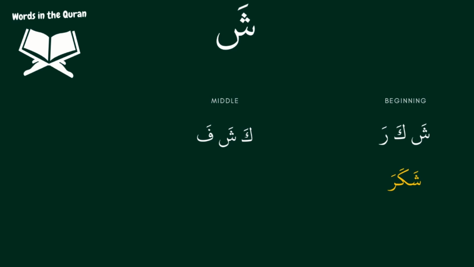Kashafa. Shin in the middle looks like that. At the end, Nabasha. So as you can see, Sin and Shin look similar when joined, except that Shin has 3 dots on top, whereas Sin doesn't have any dots.